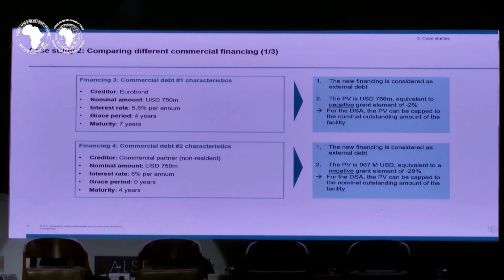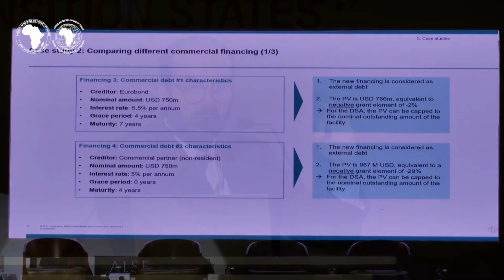Well, what we're looking here is that because the interest rate is above 5%, 5% being the discount rate used in the DSA, we do have here a negative grant element. But a point to bear in mind as well is that in the DSA, actually the PV of your debt will be capped at the nominal value when the grant element is negative.